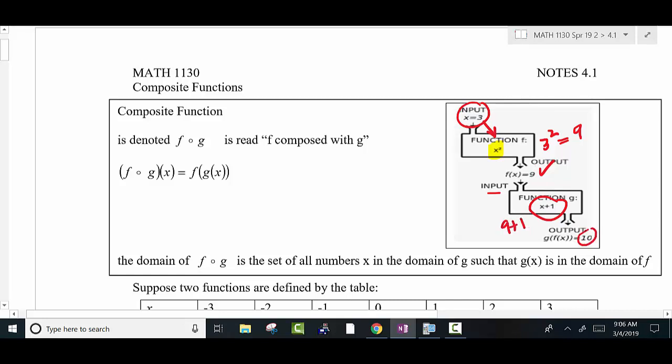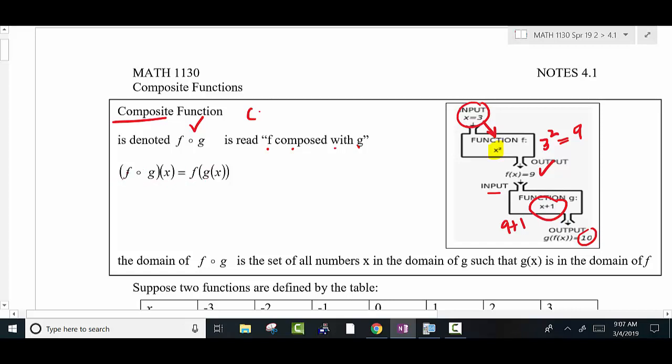So what you're essentially doing is you're beginning with a function, evaluating it, and then plugging it into another function. When you see the open circle, it almost looks like it says fog, that says f composed with g. That's a composition of functions. We sometimes call this a composite function. What you want to learn is the notation.